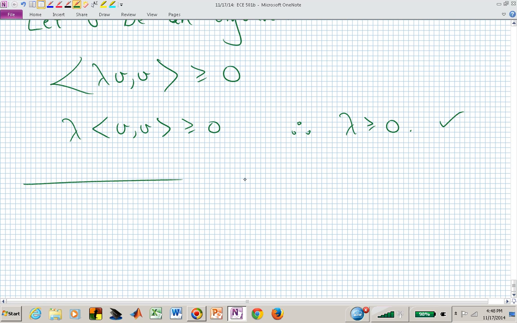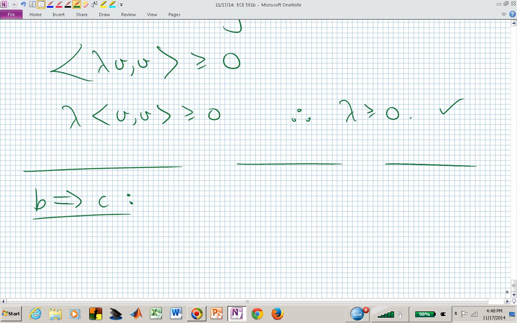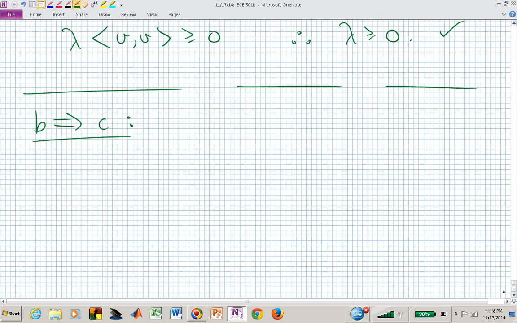And B was self-adjoint and it had non-negative eigenvalues. Now let's look at B implying C. Now we're given that T is self-adjoint. And remember some of these nice properties of an operator being self-adjoint.